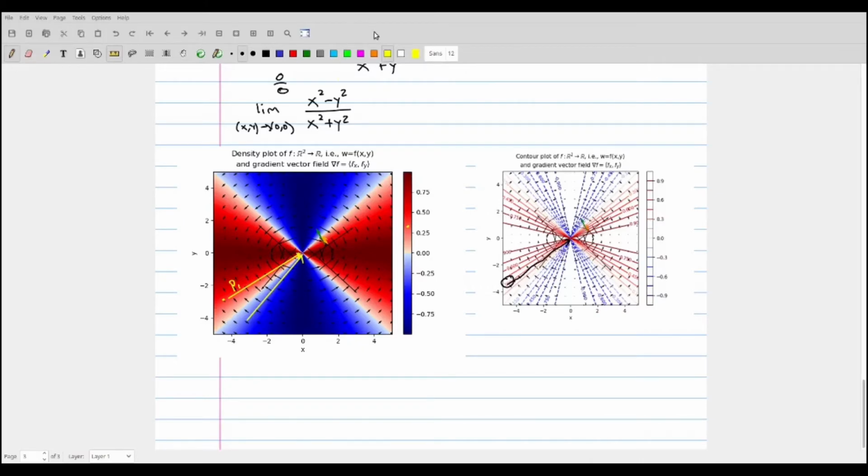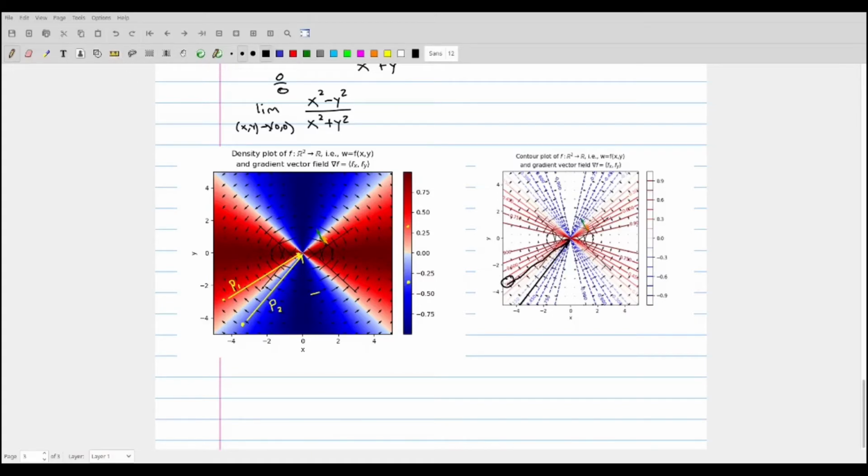The limit of the function along this path, call it path 2, has a value of around negative 0.3, which exactly corresponds to this one right around here, which is exactly around negative 0.3.